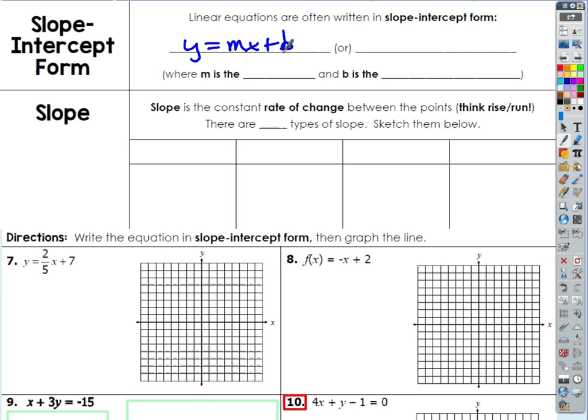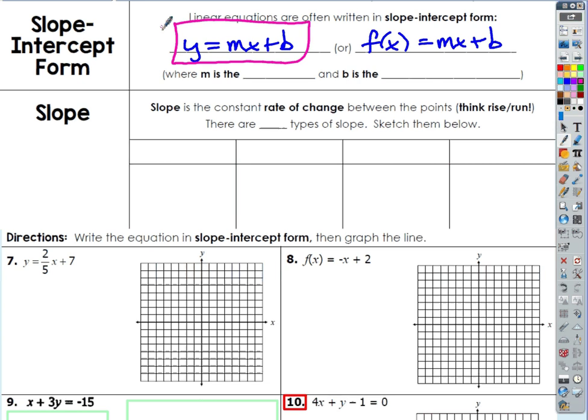You rarely ever write it this way, but if it's a function, you could trade the y for an f of x. If it's a linear function, we could write it using function notation. But really, this is how you're used to it, and that's fine.